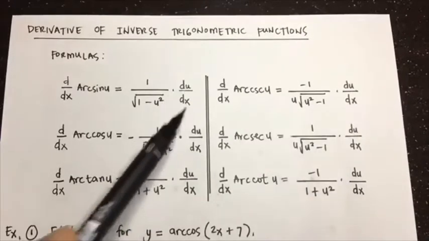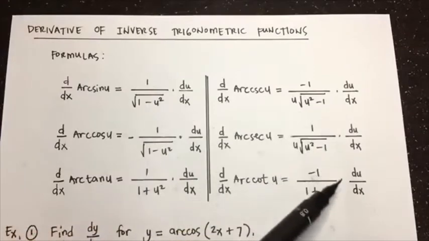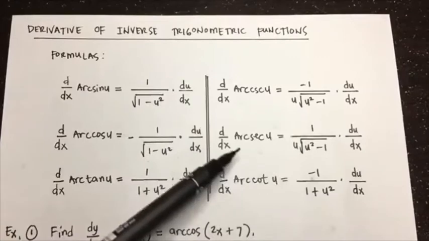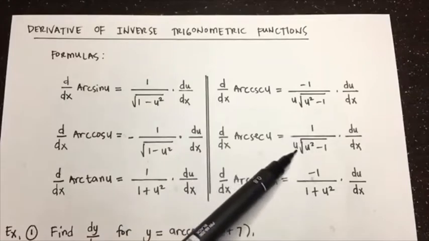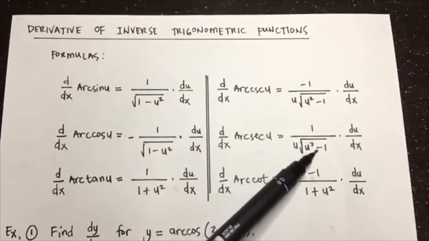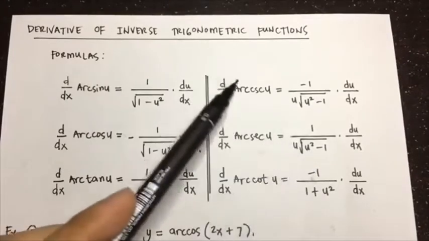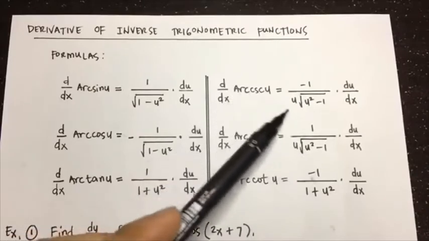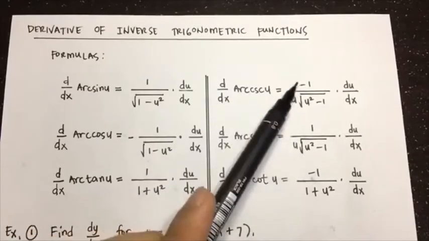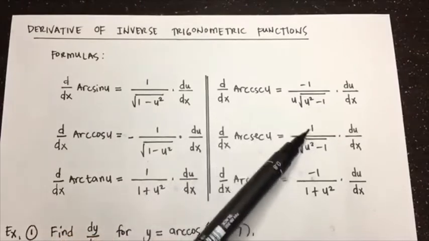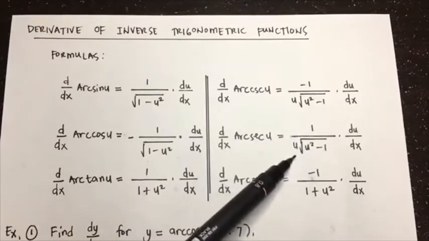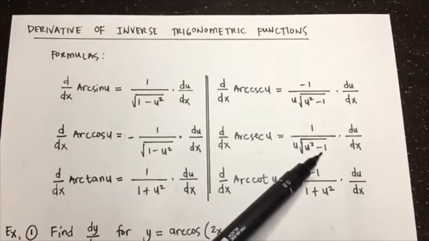The multiplication of du over dx is because of the chain rule. For arc secant of u, its derivative is 1 over u square root of u squared minus 1. Notice they are also the same except for the negative sign. The derivative of arc secant is positive 1 over u square root of u squared minus 1.